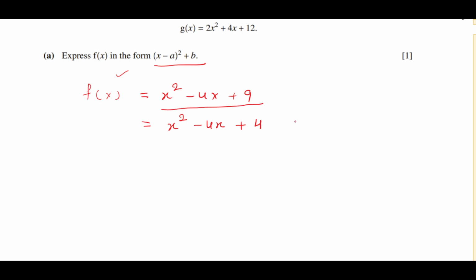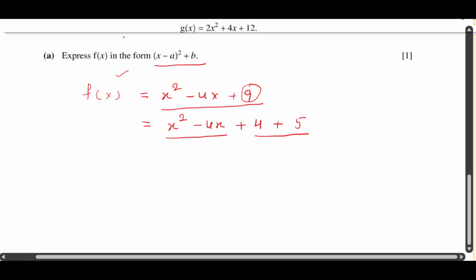As I am adding 4, there are two ways I can do it. Either I say plus 4 minus 4 and then plus 9, or simply this 9 can be split as 4 plus 5. It is up to you which method you prefer.